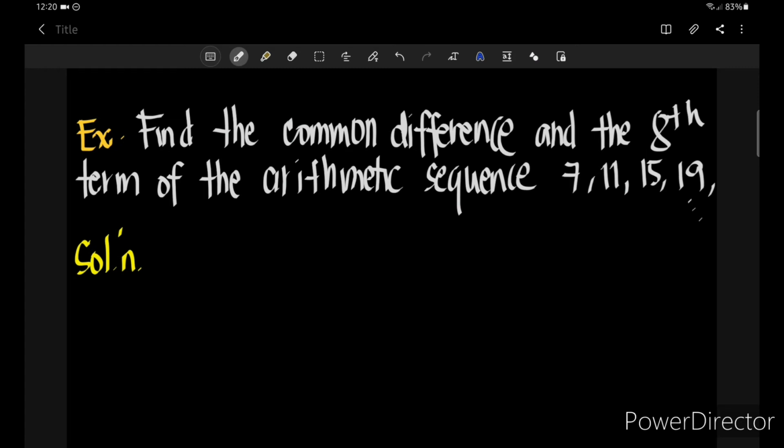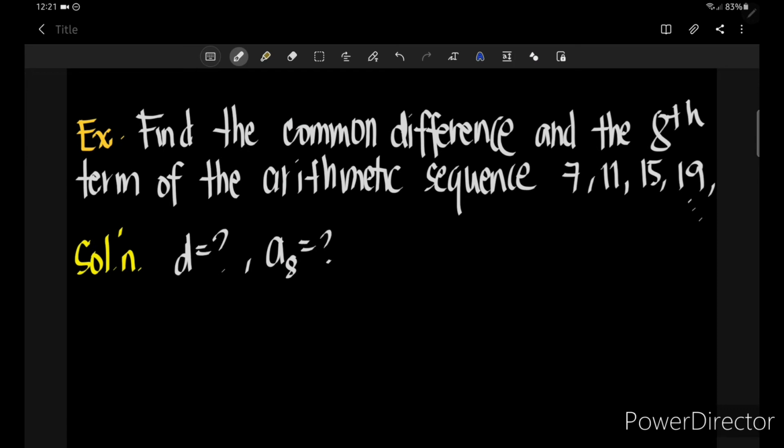Sinasabi sa ating problem, find the common difference. So that means yung d na meron tayo is unknown. Okay, that's question mark. And the 8th term. So yung a sub 8 is question mark din.